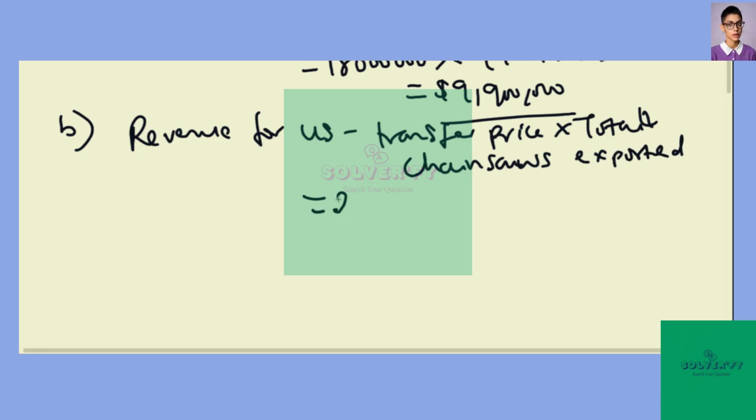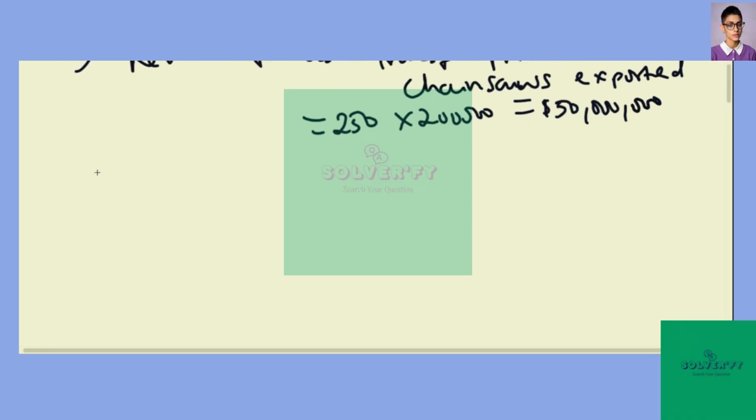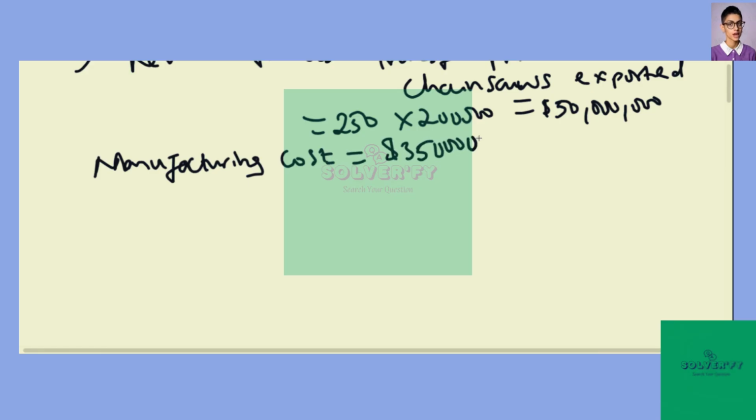So this equals 250 multiplied by 200,000, which is $50 million. The manufacturing cost is $35 million, resulting in an operating income of 15 million.